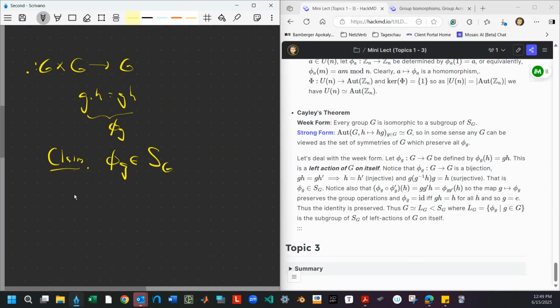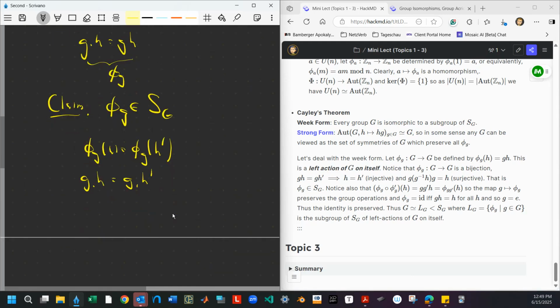So to show that, we need to show that it's one-to-one and onto, right? So let's do one-to-one. So if phi g of h equals phi g of h prime, right? So this is just saying the same as g dot h equals g dot h prime, in this notation. And I'm sort of introducing both these notations because they're both just common.